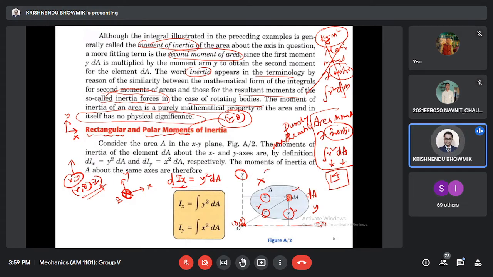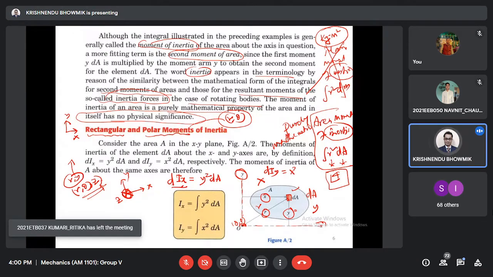When we want to write dIy with respect to the y-axis, then the distance is x. So we will write x square dA. Very important. dIx equals y square dA, because the distance is y. dIy equals x square dA, because the distance is x. And the total value, if this is the elemental case, Ix will be the integration of y square dA. Iy will be the integration of x square dA.